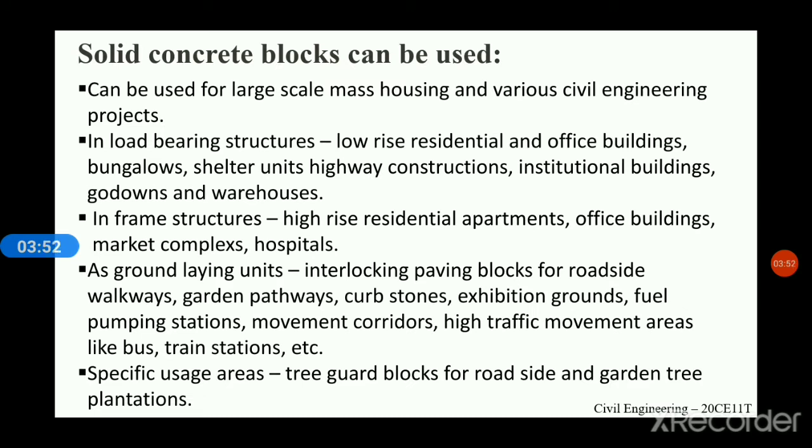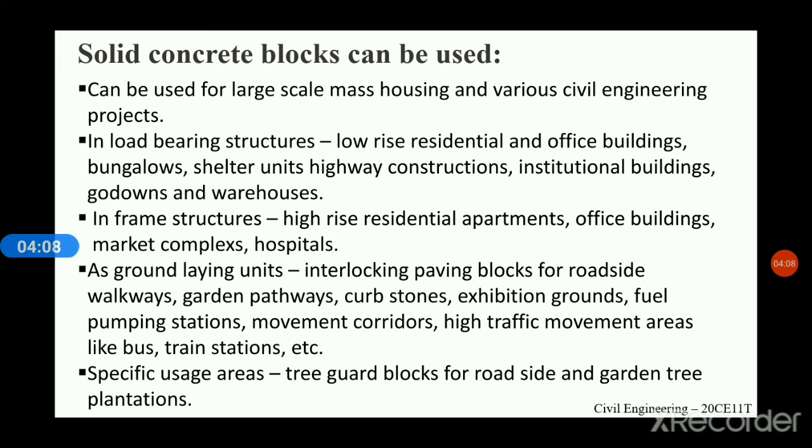Concrete blocks can be used for large scale mass housing and various civil engineering projects, similar to fire clay brick or burnt brick.